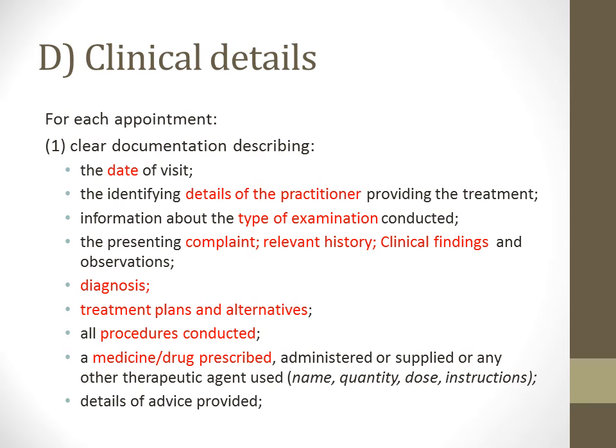Here we come to the core of the patient record, which is the clinical details. For each appointment, clear documentation should describe the date of the visit, the details of the practitioner providing the treatment, information about the type of examination, the presence of a complaint or the chief complaint of the patient, the relevant history at that visit, the clinical findings and observations, the diagnosis at that visit, and the treatment plans and alternatives, the procedures conducted, and if any medicine was prescribed or administered during the procedure.